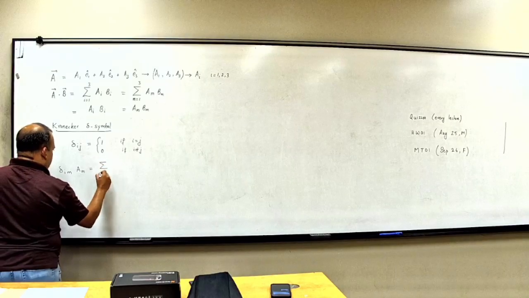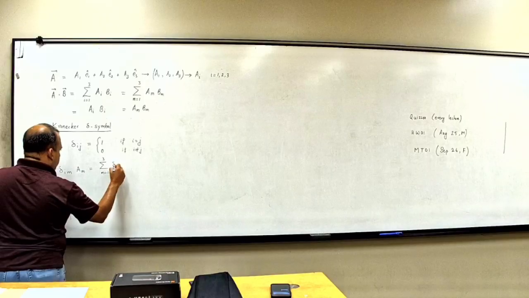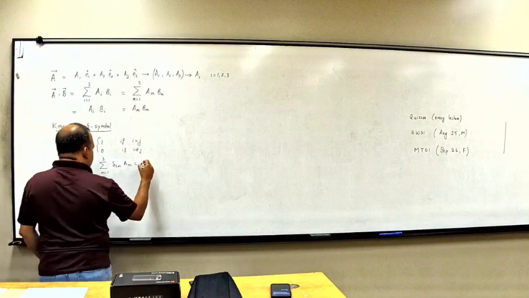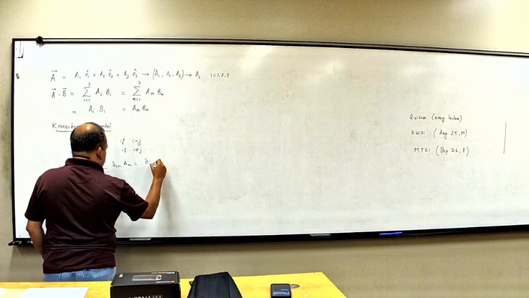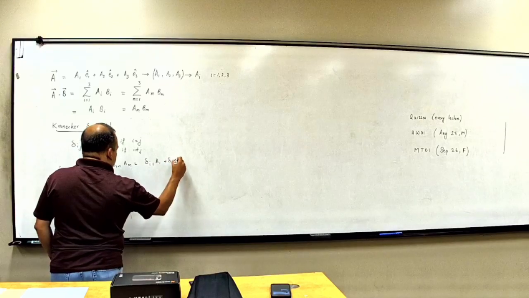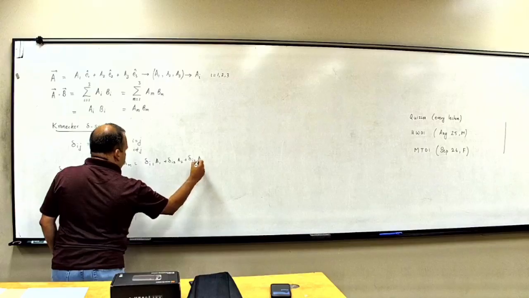This is the summation m equal to 1 to 3 of delta im Am. If I were to expand this, I have delta i1 A1 plus delta i2 A2 plus delta i3 A3.